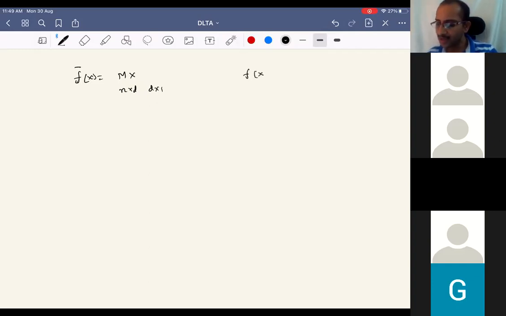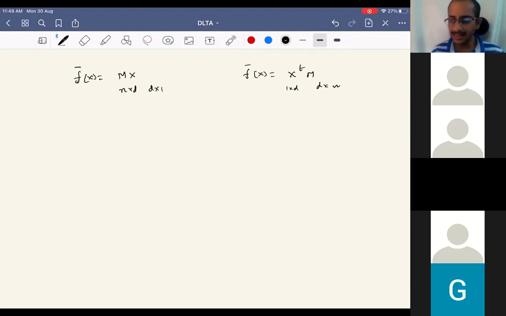This can be in different forms. Even f of x, I can also define as x transpose M. In this case, M can be d cross n, and x transpose is 1 cross d. Fine. So there may be different ways in which I can define the vector valued function.